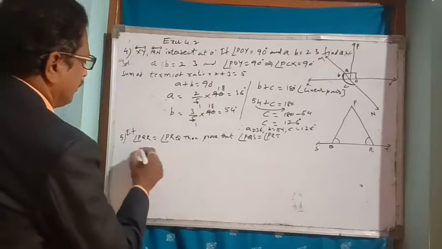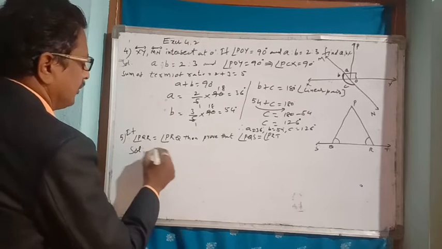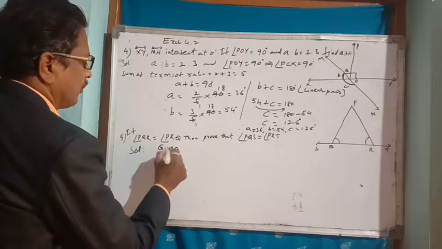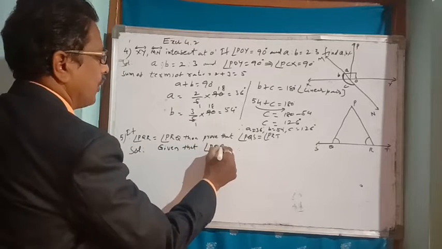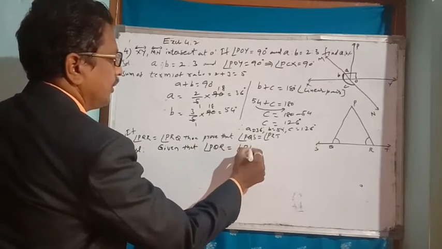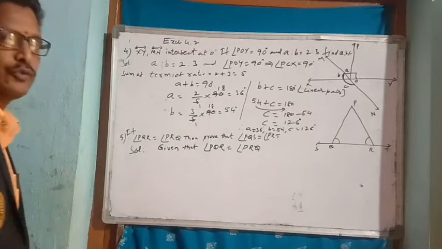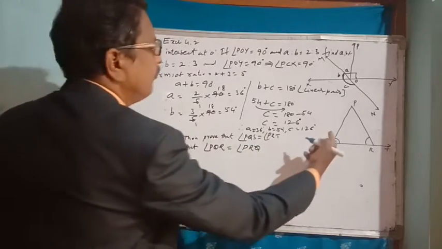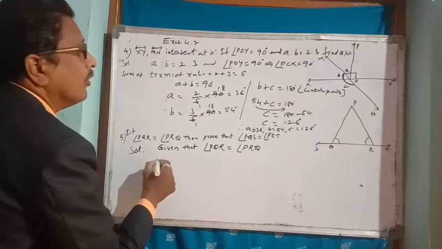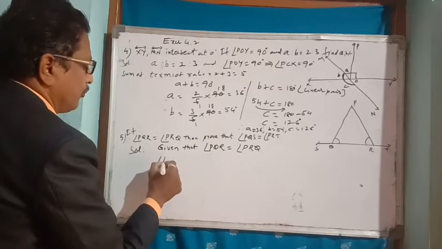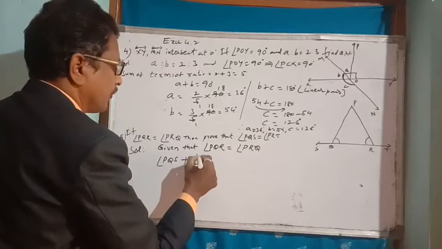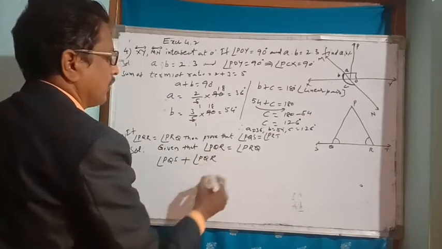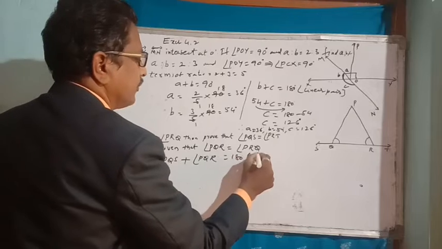Solution. Given that angle PQR is equal to angle PRQ. Here, angle PQS plus angle PQR is equal to 180 degrees.